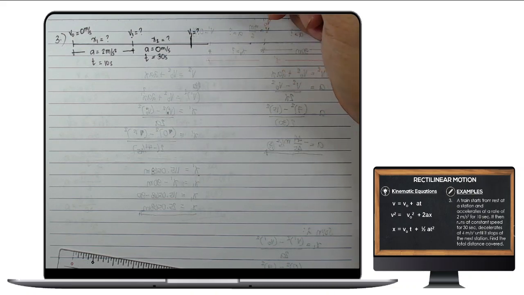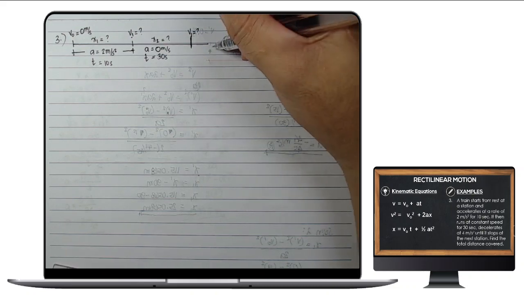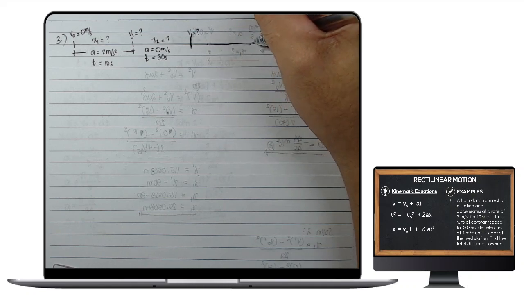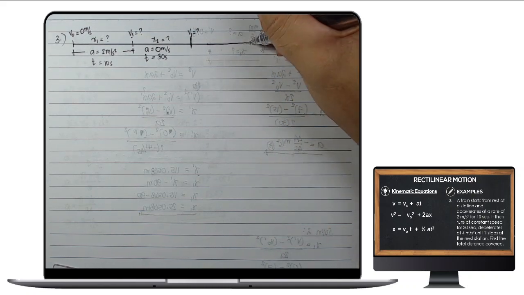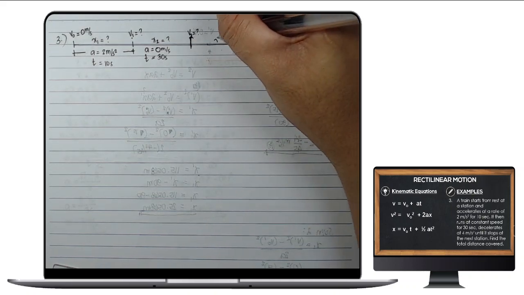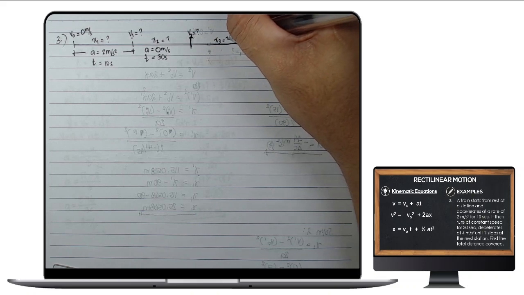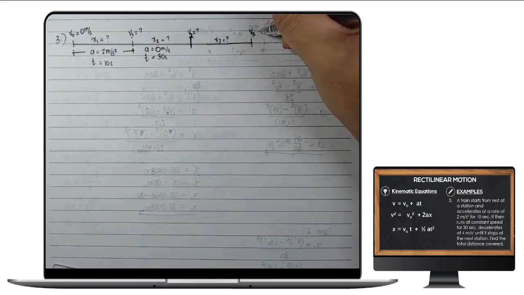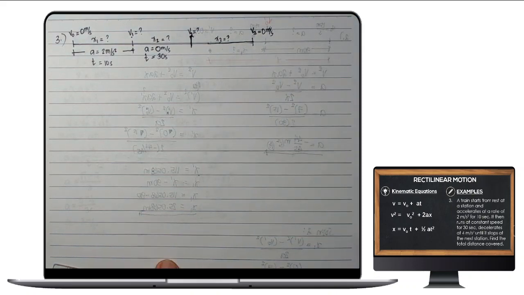Then, it decelerates at 4 meters per second, until it stops. So, the final velocity here, let's have v sub 2. So, for the third leg, x sub 3, the final velocity v sub 3 is what? 0 meters per second. Why?